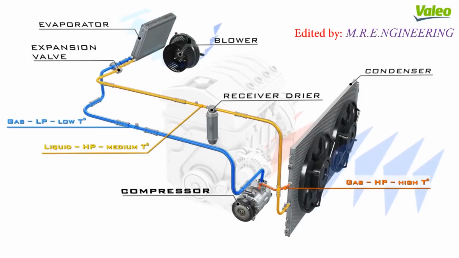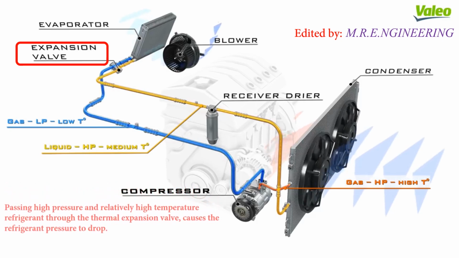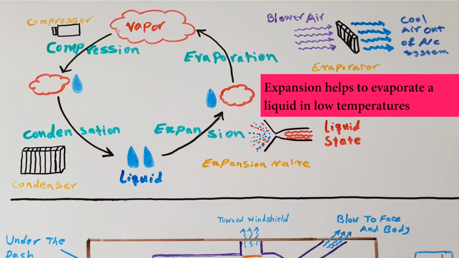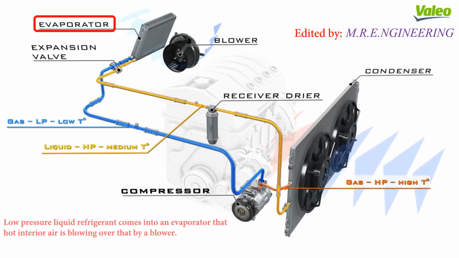In design of thermal expansion valve, engineers use rules of physics that state that when a fluid expands, its pressure drops. In the expansion valve, there is a very narrow passage that in one side there is a high pressure refrigerant, and on the other side there is an evaporator with low pressure. When the refrigerant passes this passage, its pressure drops and it turns into low pressure liquid, and in this pressure, refrigerant tends to be in gas state even in temperatures very lower than 32 degrees Fahrenheit.